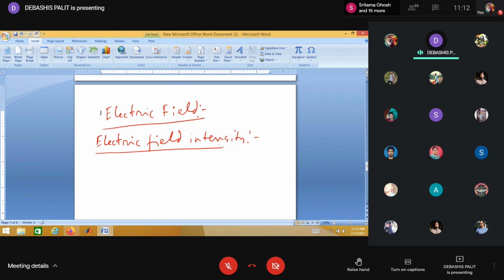So if you consider there is electric field, and there is a unit positive charge. Say your unit positive charge means, so electric field that must have a charge. Say I am considering Q is the charge, plus Q. So if you take a unit positive charge, that is 1 coulomb.